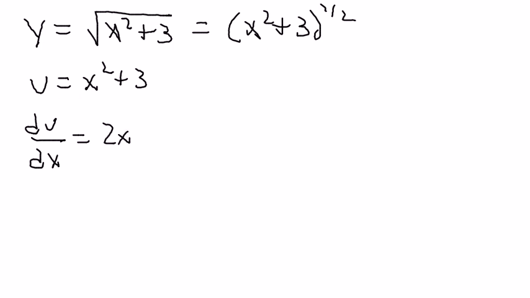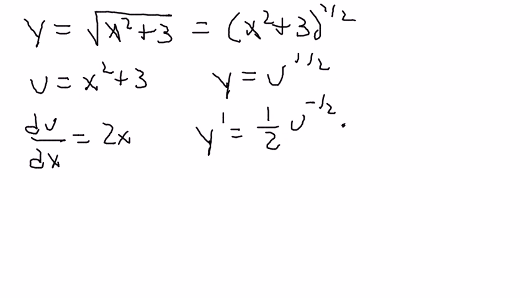Rewrite y in terms of u. So y equals u to the 1/2 power. Take the derivative of this. So y prime is 1/2 u to the negative 1/2 times du dx. And then put all your u's and du dx and all that stuff back in.